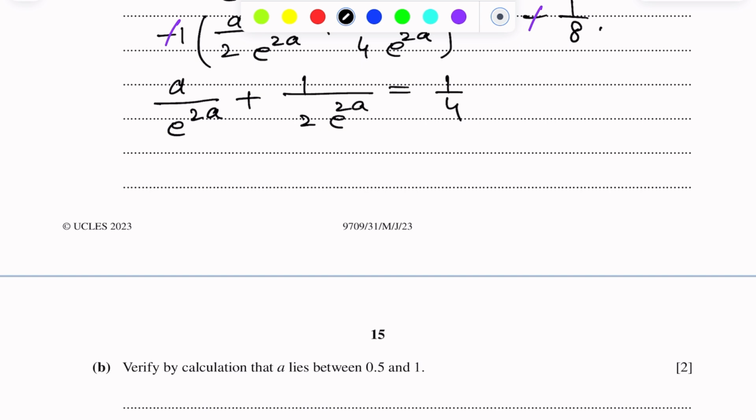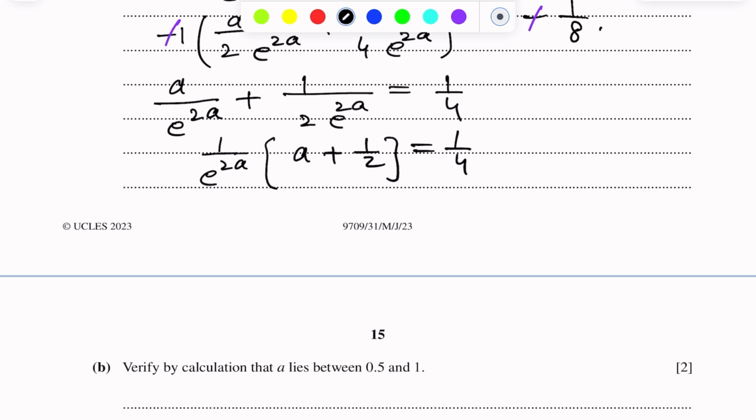Now we can take common 1 over e power 2a, because it is common in both terms on the left hand side. So we can take common 1 over e power 2a within bracket a plus 1 over 2 is equal to 1 over 4.